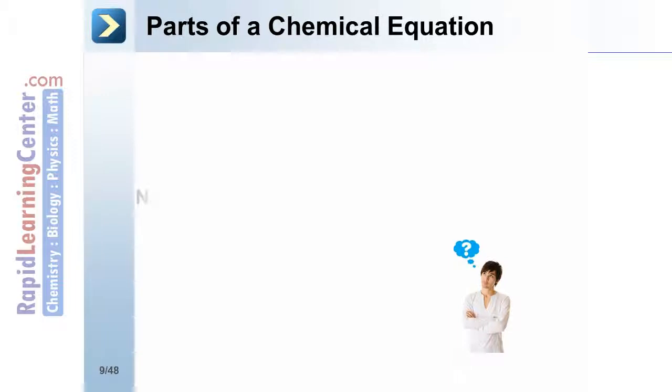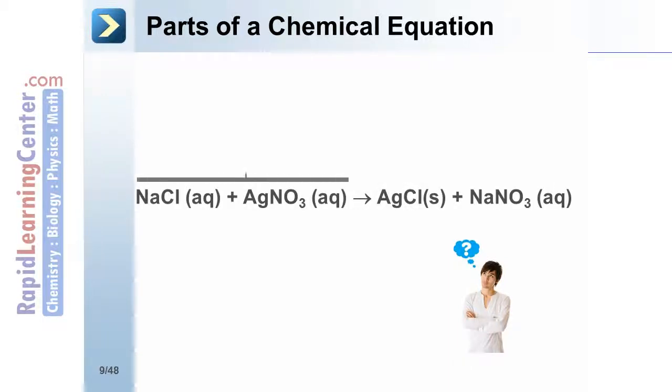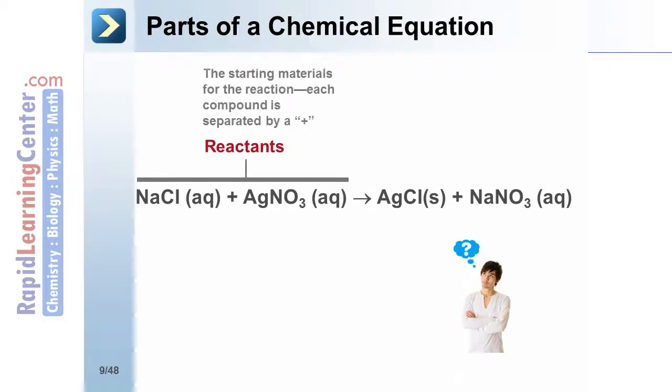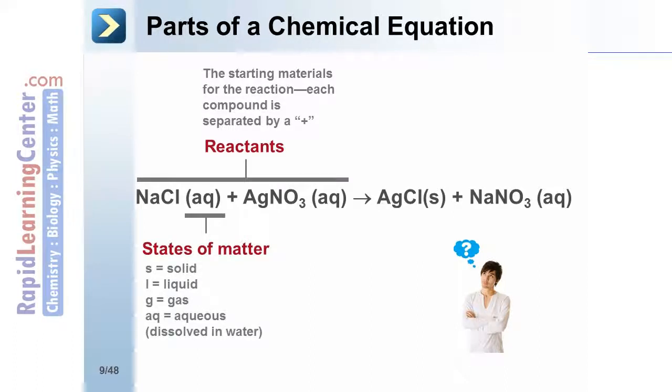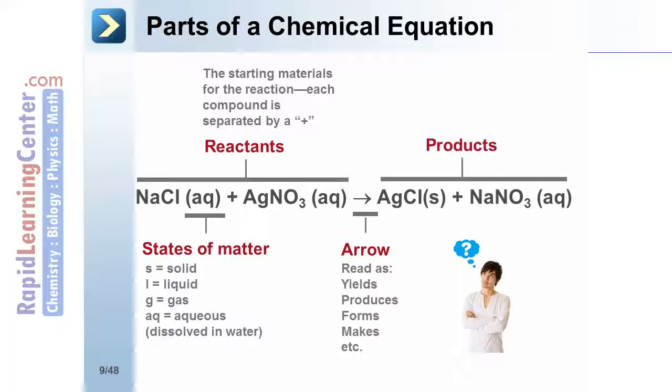Chemical equations show the starting materials, the reactants. The states of matter of the chemicals involved. The arrow represents the change, and the reaction also shows the products.